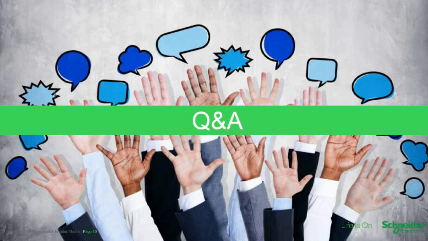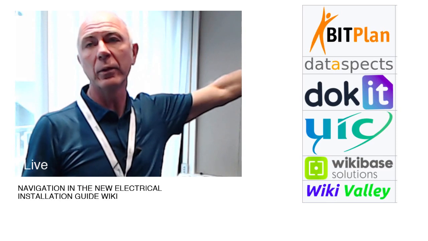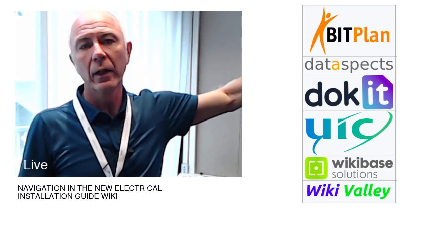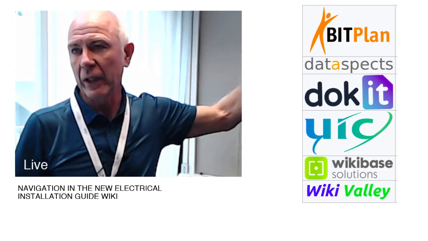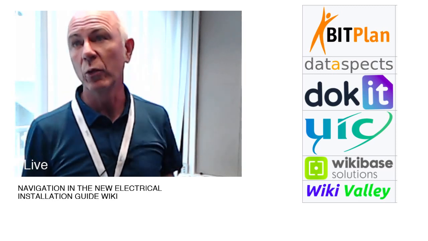The PDF is accessible on the web, on Schneider website, but you need to register to Schneider database somehow. But the wiki is open to anyone and freely accessible. Anyone can read the wiki. So that's the way it's positioned today.